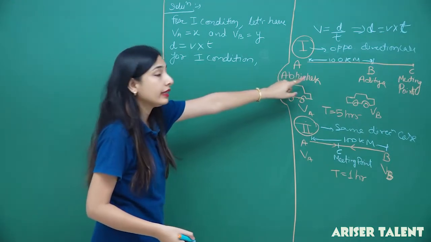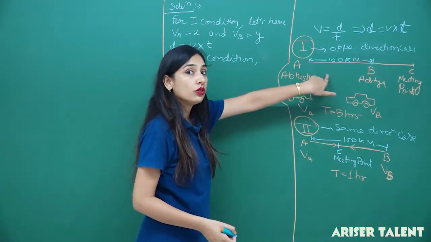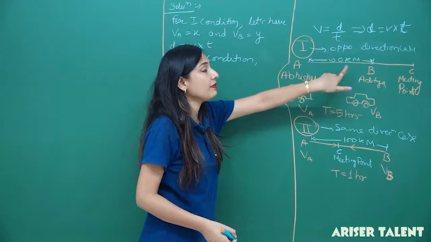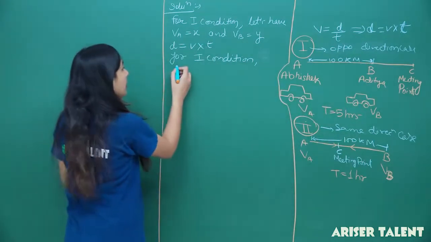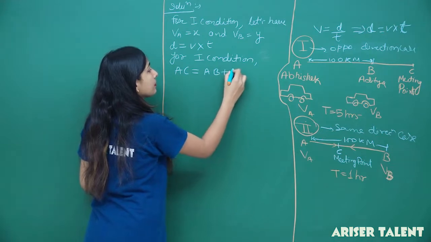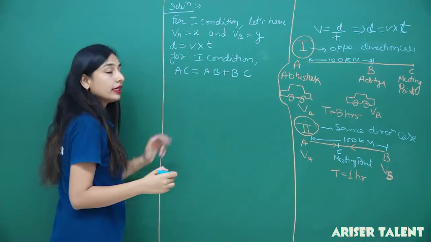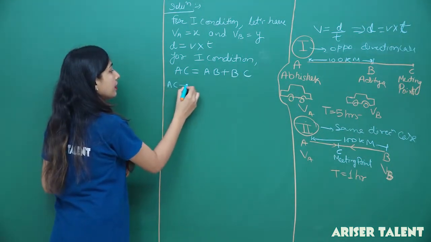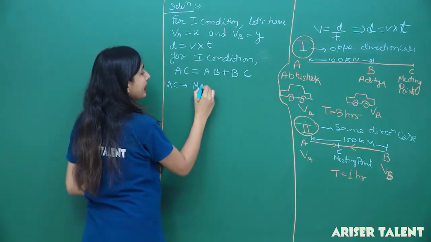Here, look here, AC equals AB plus BC, right? AC is the meeting distance.